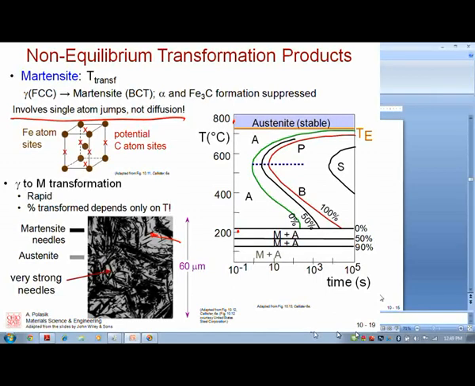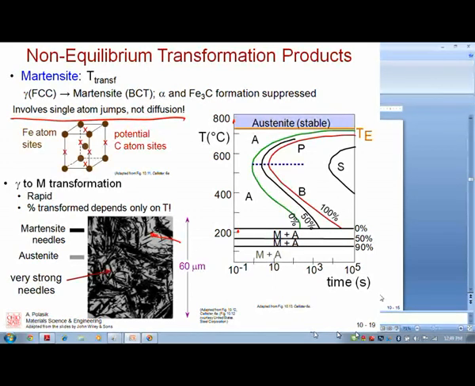There is no driving force for the pearlitic or bainitic steels to have any sort of phase change. Not so for the martensitic steel. It is not in equilibrium, and so there is a driving force for it to change. And if you heat it up above this temperature, it will.